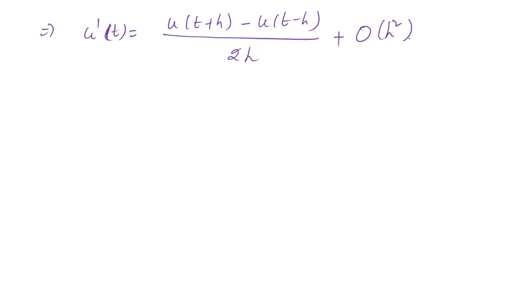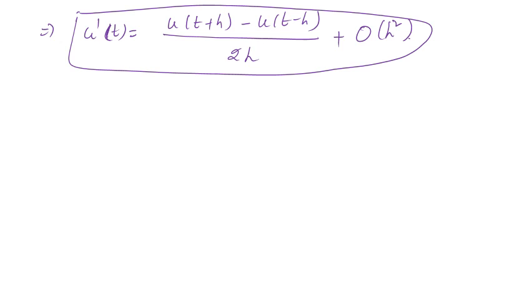This is u dash t, and one can write this u dash t, equation number 6, as the central difference, delta of u of t by h plus order of h square.